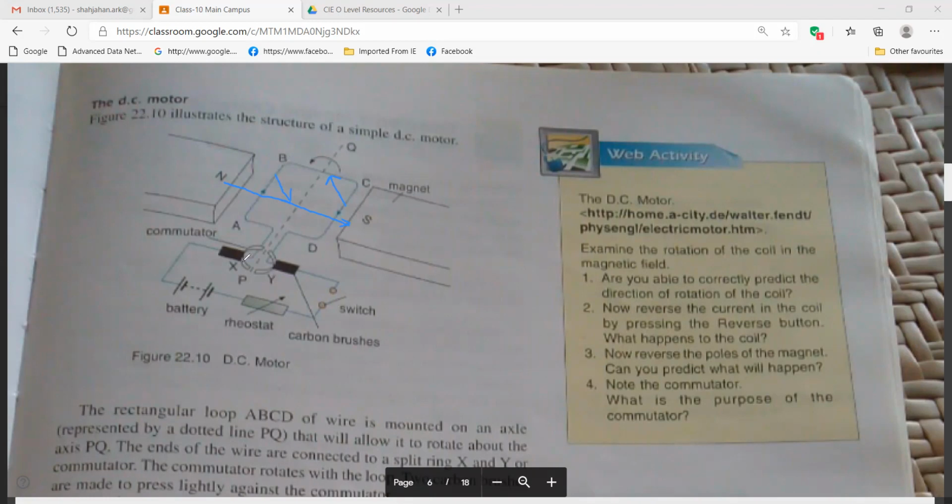Left side. If it is rotating anti-clockwise, what will happen? CD, part Y, will go towards X. Yes, very good. That means CD, this part of the wire, will take the place of AB, and AB will take the place of CD, isn't it?